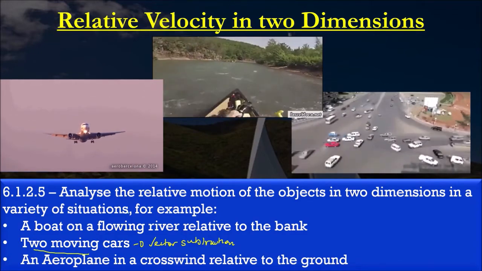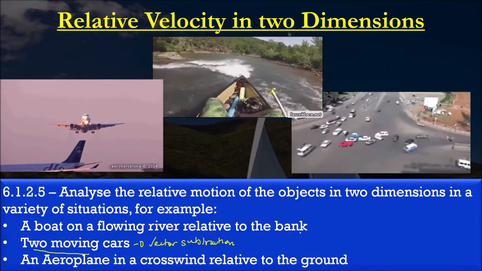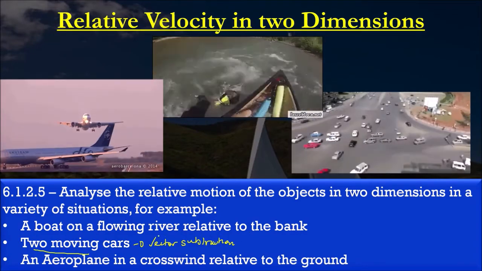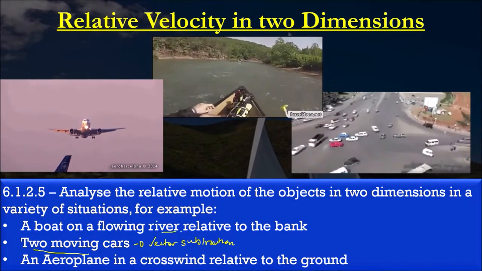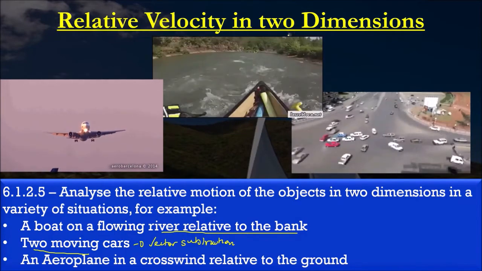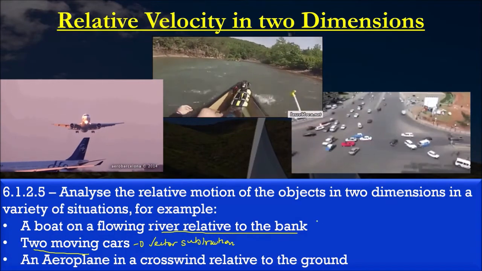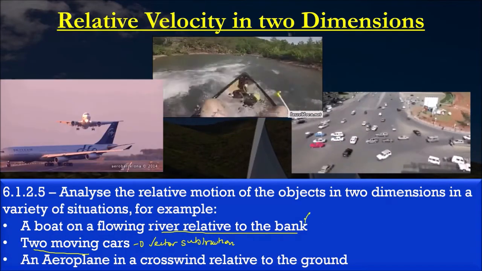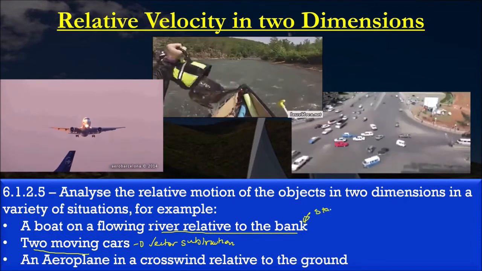Alright. When I go to the other scenarios that we're looking at today, which this case will be the river flowing along a bank. A bank is just, as you can see here, just solid ground. And we know that, relatively speaking, the bank is stationary.